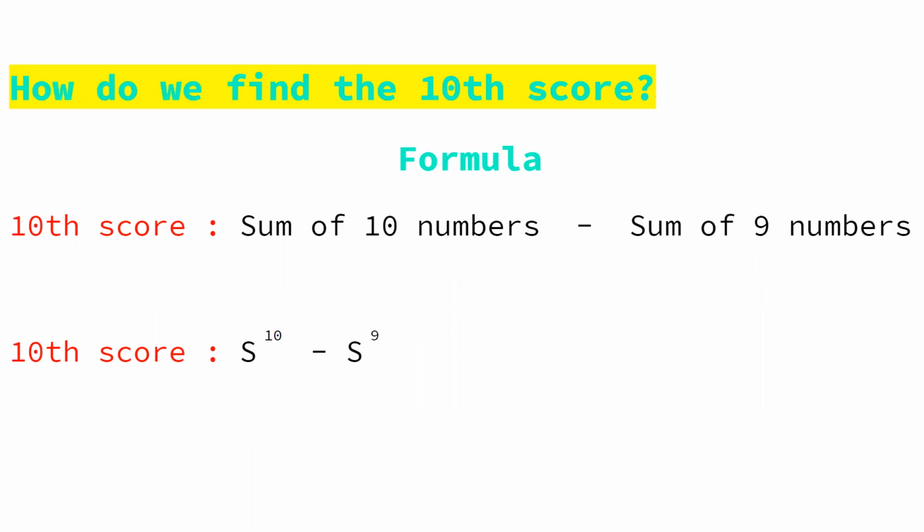The S represents the word sum. And remember, it's not S or sum to the 10th power or sum to the 9th. No. We use those numbers as a guide. So could you determine the formula we'd use to find the 3rd score? Try it. Yes. So the 3rd score would be the sum of 3 numbers subtract the sum of 2 numbers.